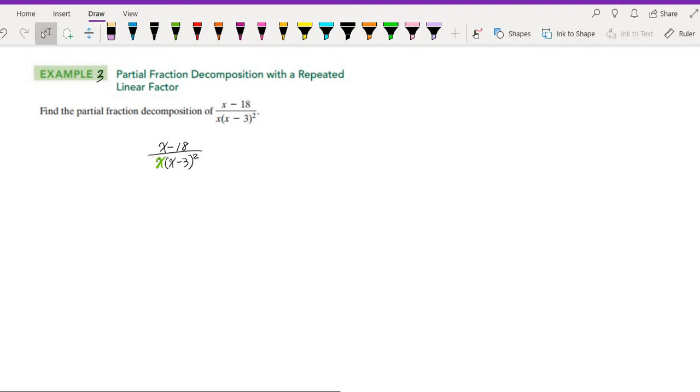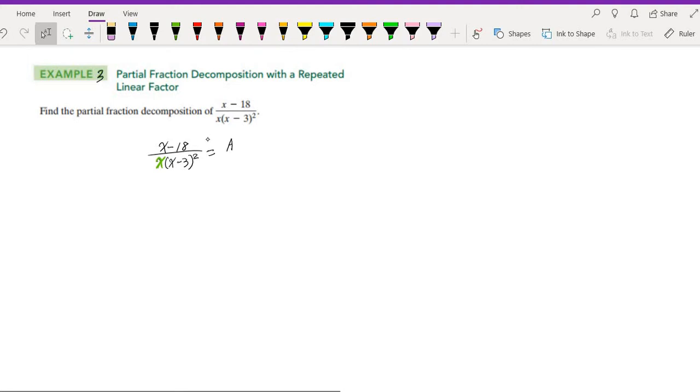Just imagine that if you put a parenthesis right there, that is a linear factor, because there's no power. So that is a linear factor, which is our first case because there's no repeated factor, no power there.